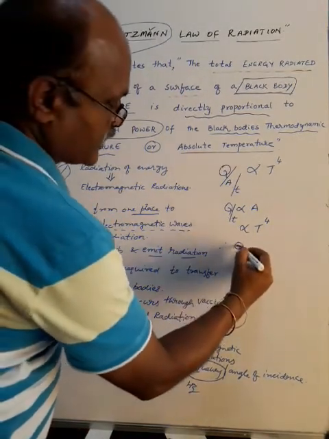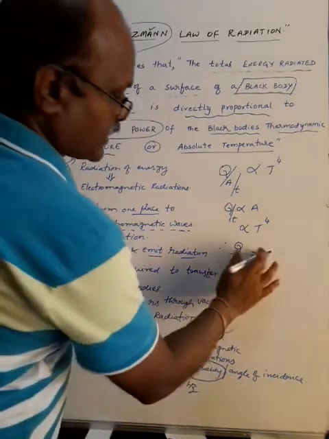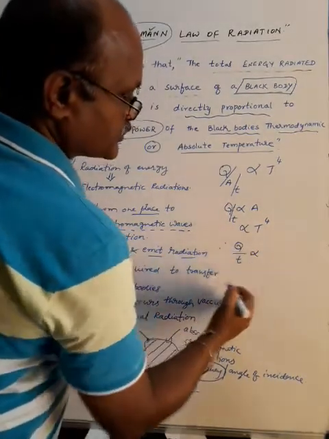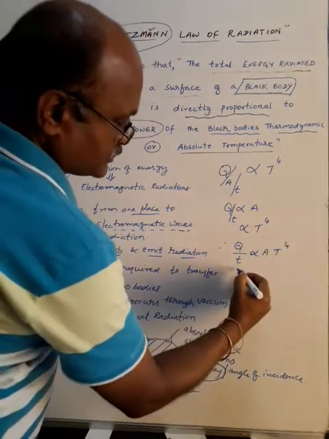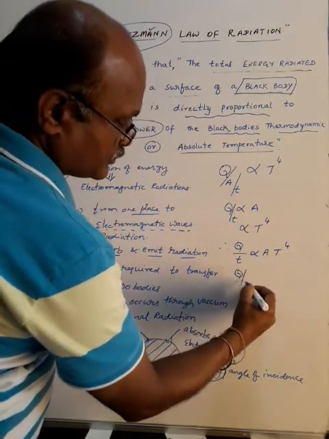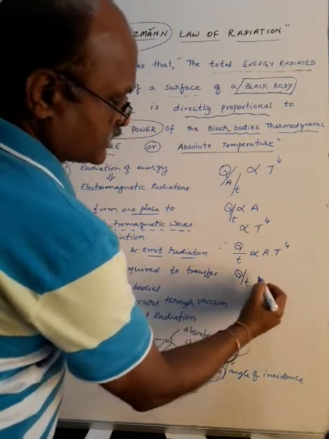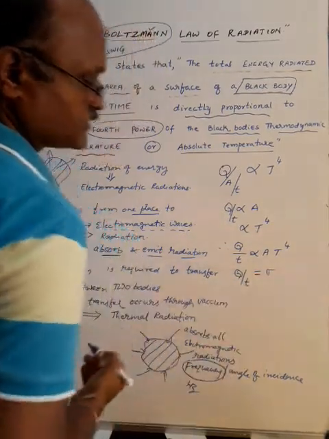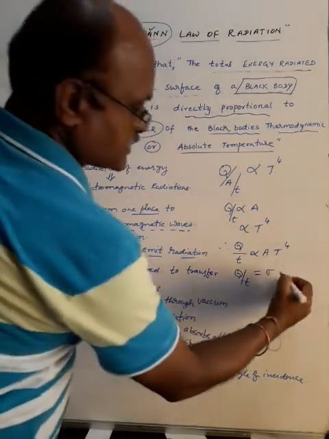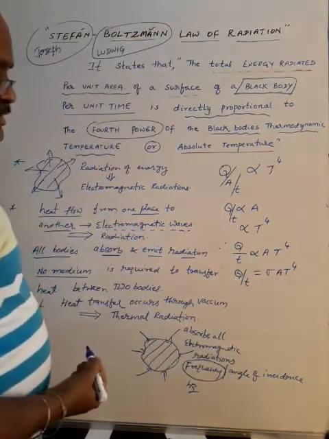Therefore, Q is proportional to A and T power 4. So, Q per t, that is the heat transfer rate, is equal to sigma A T power 4, where sigma is the proportionality constant.